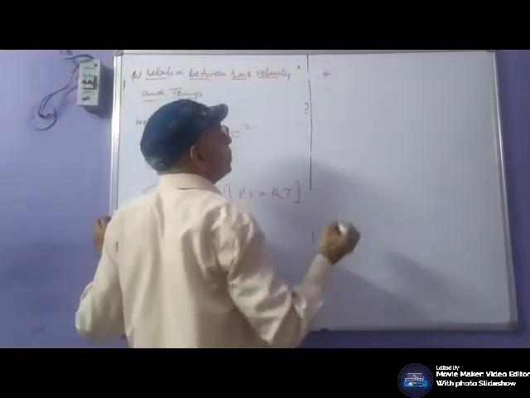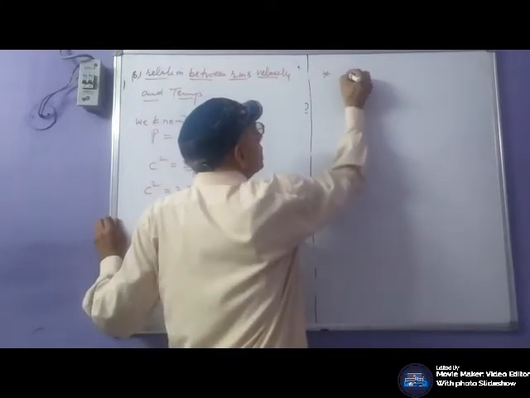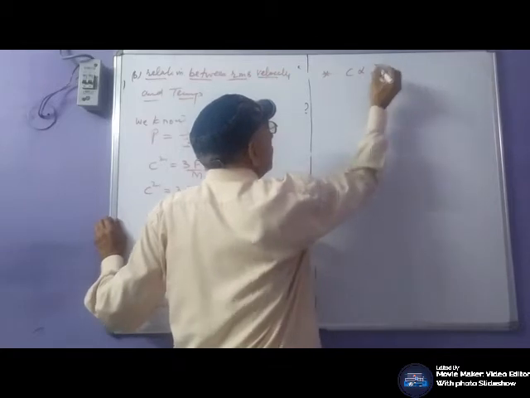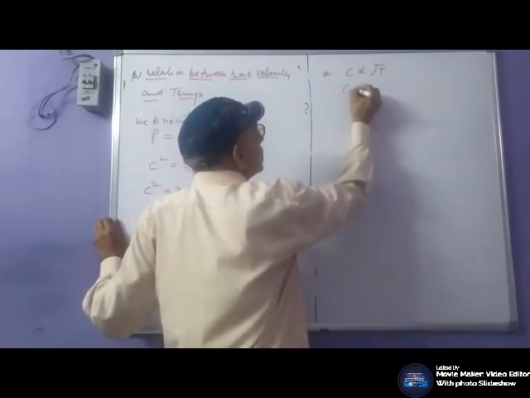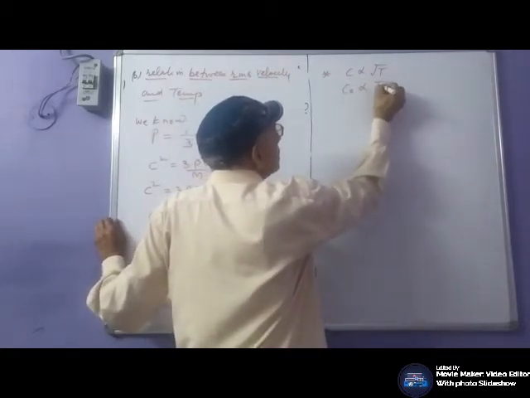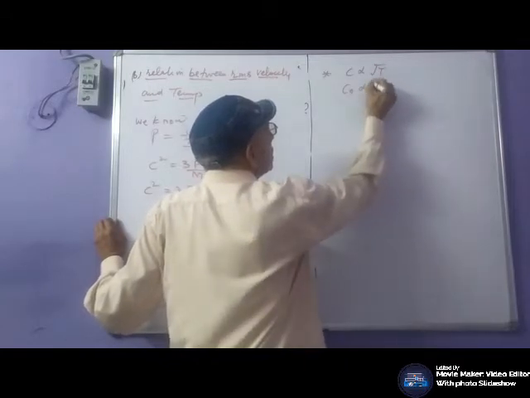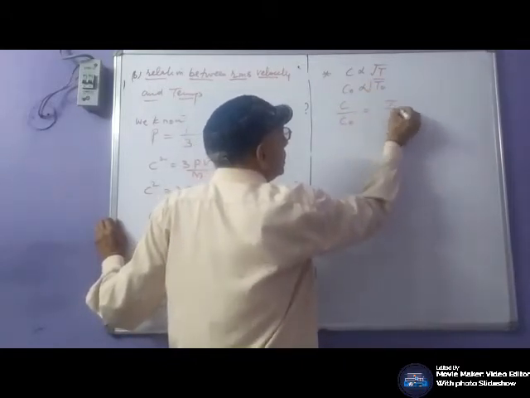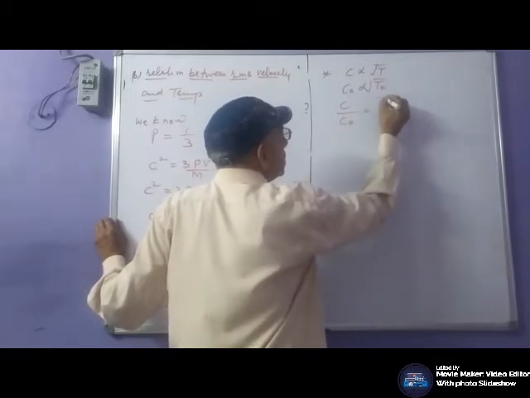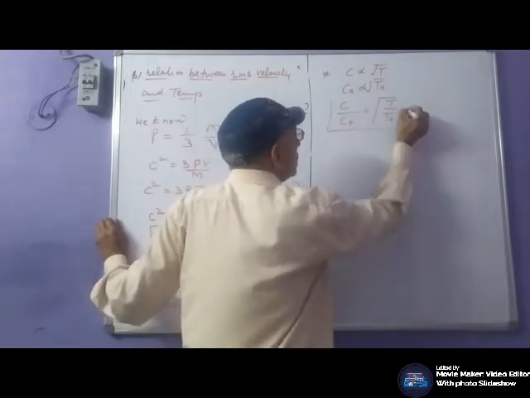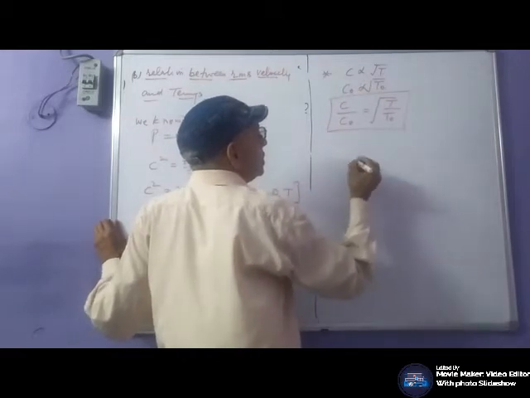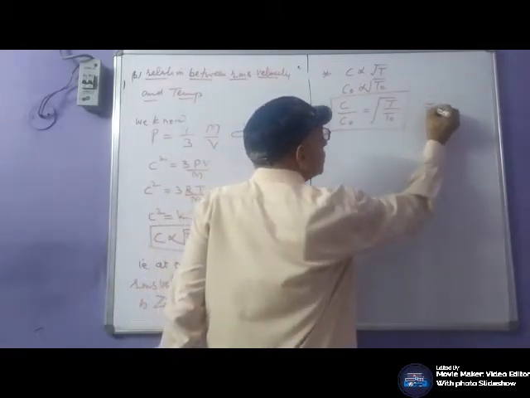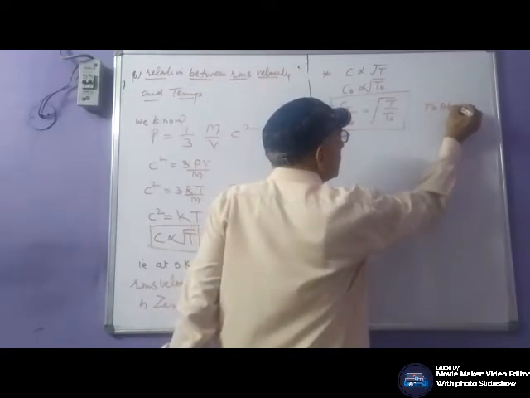No question. Say c is directly proportional to the square root of T, so c by c naught equals root of T by T naught, where T is absolute temperature.